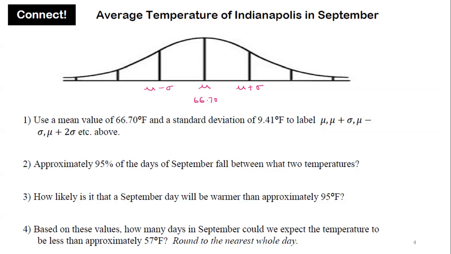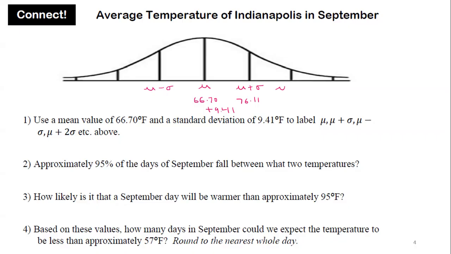We always start in the middle. There's a standard deviation of 9.41 degrees, so we need to add 9.41 to the right. That gives us 76.11 for one standard deviation above.